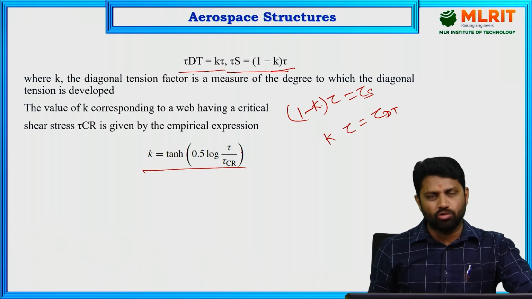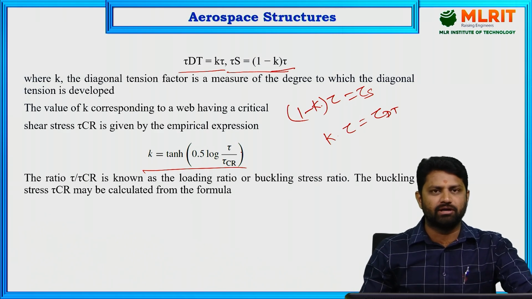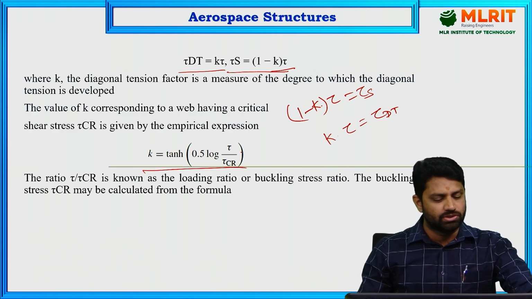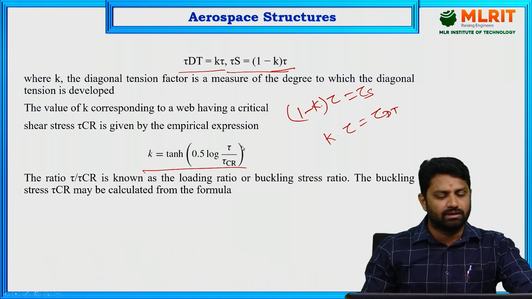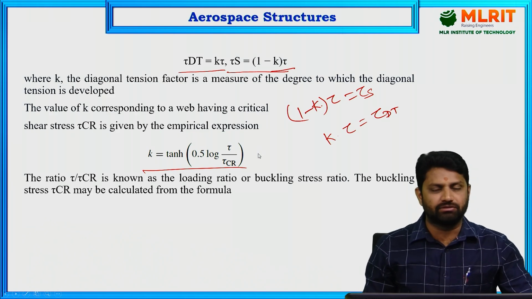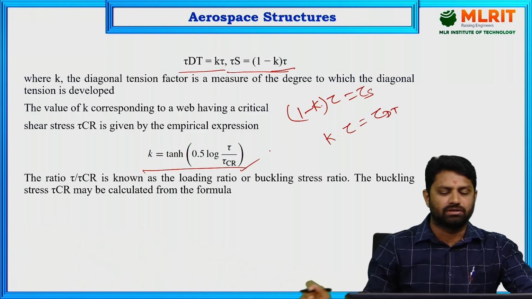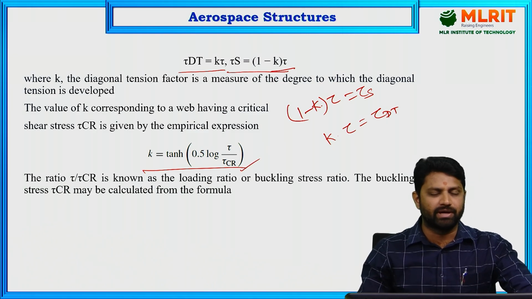Here tau by tau critical is the shear stress at any point divided by the critical shear stress, usually defined as the loading ratio or the buckling ratio. So the diagonal tension factor k is a measure of the degree to which the diagonal tension has developed, and is given by k equals tanh of 0.5 log tau by tau critical.